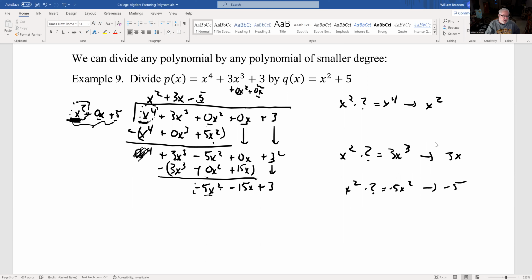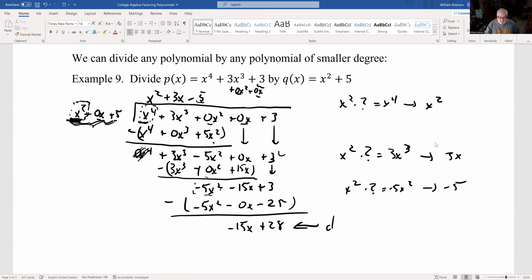Now we take the minus 5 and multiply by each of these terms to get minus 5x squared minus 0x minus 25. And we subtract. Minus 5x squared minus minus 5x squared, that's 0x squared. So that's a 0. Minus 15 minus 0, that's a minus 15x. 3 minus minus 25 is a plus 28.